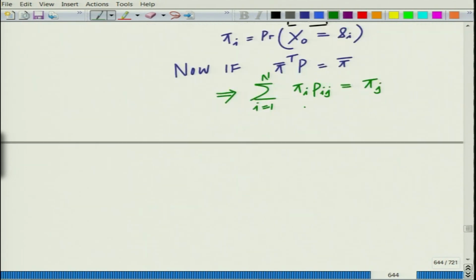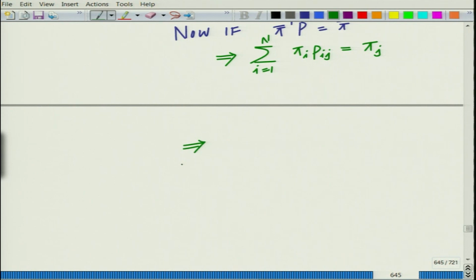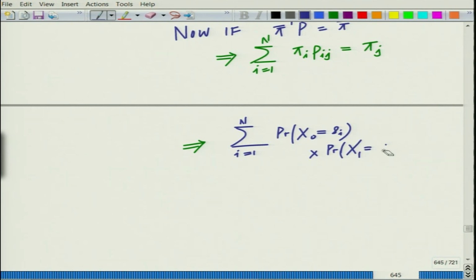This implies that the summation over i equal to 1 to n of the probability x naught equal to s i times the transition probability, x 1 equal to s j given x naught equal to s i, equals pi j.